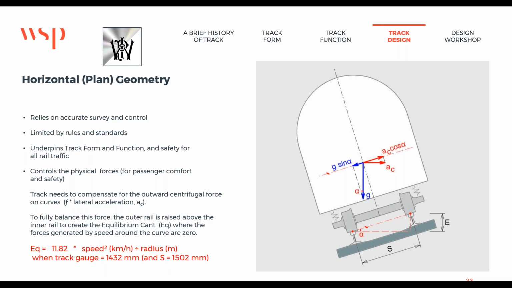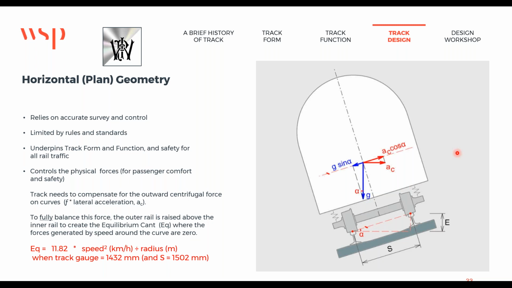When you're turning on that vehicle, going around that curve, you will be thrown by centrifugal force this way. If you super elevate or raise this rail above that rail by the right amount, you can have no forces, neither inwards nor outwards, and you're said to be traveling around that curve in equilibrium. Now, that equilibrium is only good for a single speed, but we can calculate it.